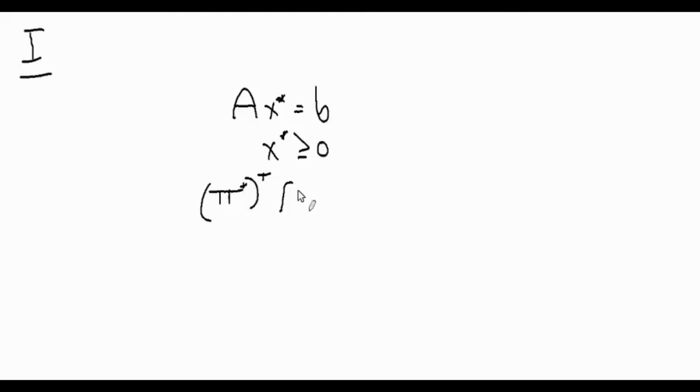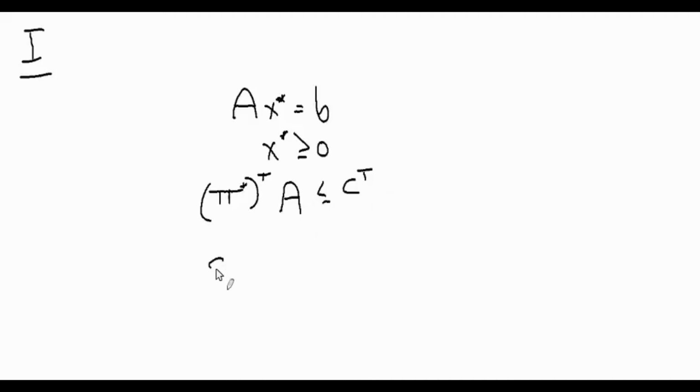Part I. This wants you to show that the candidate solution computed in part E and the corresponding dual computed in part H are optimal to the model. Well, to show that, we need to show that Ax star equals b, x star is greater than or equal to 0, pi star transpose A is less than or equal to c transpose.